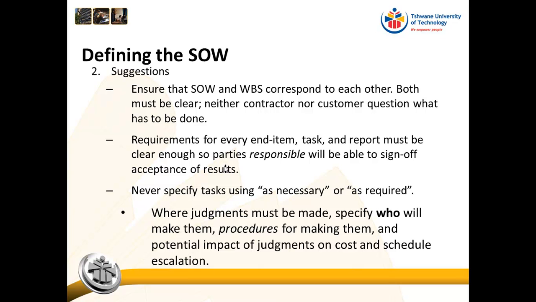So we need to have a procedure which then says, okay, each part of the road must be illuminated by a specific number of lumens, which is the unit in which we measure light.